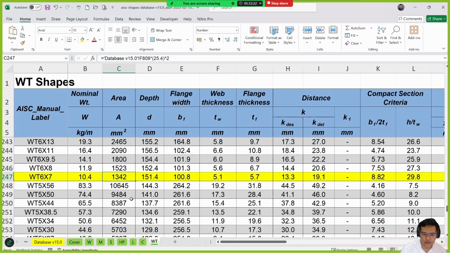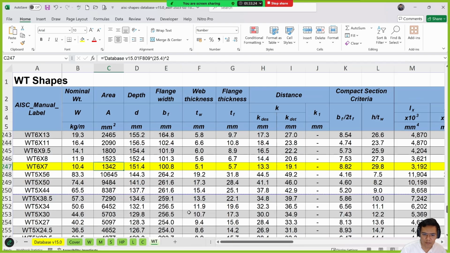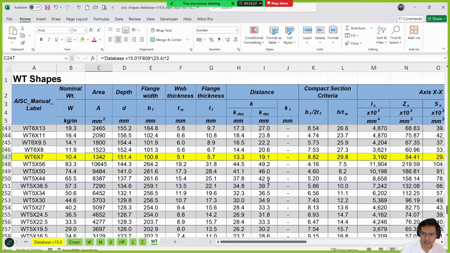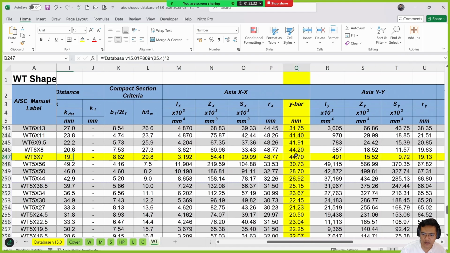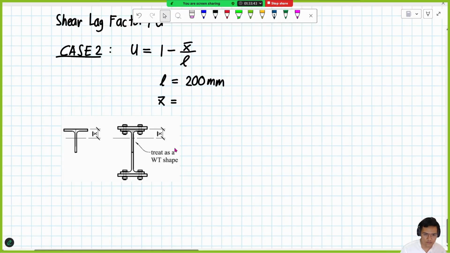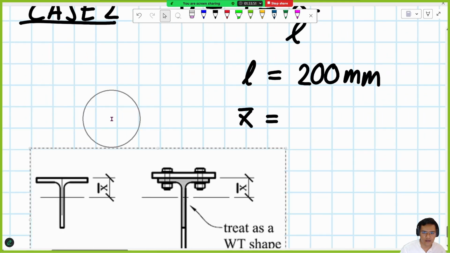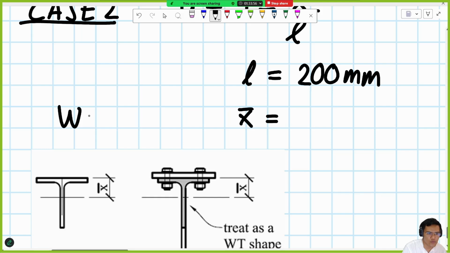And therefore, its equivalent x bar is the given y bar here. So x bar comes out as 44.7. 44.7. That is the y bar, from here. So, our equivalent WT is WT 6 by 7.